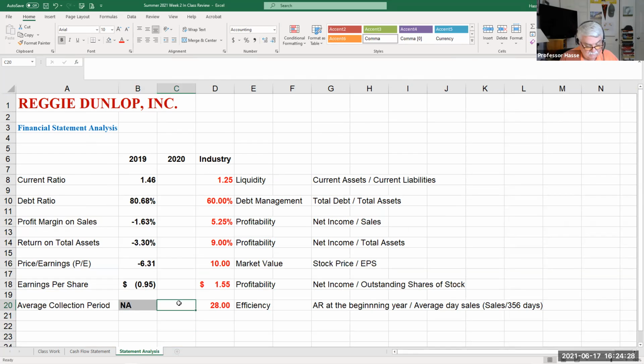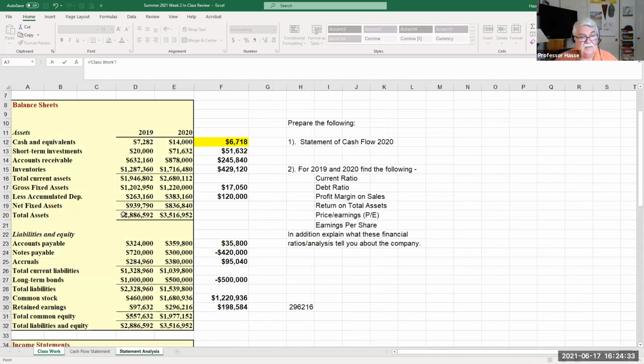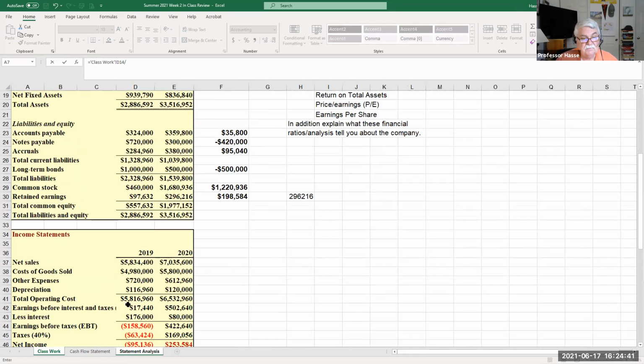And let's do 2020. What's our beginning receivable balance for 2020? All right, that's the accounts receivable balance at the end of 2019. Divide that by our total revenue, which in 2020 was $7,035,600.